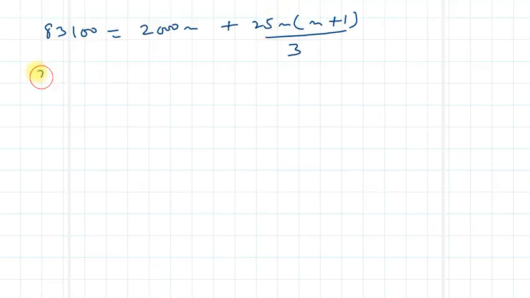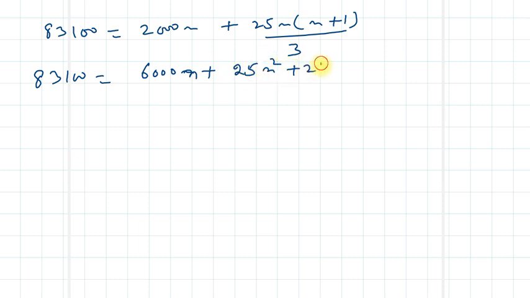Let us solve it. 6000n plus 25n square plus 25n upon 3.